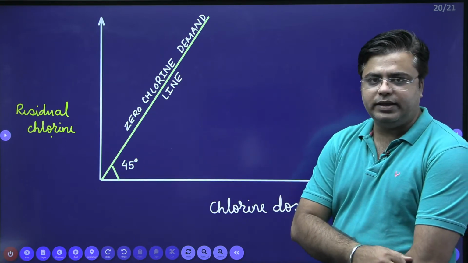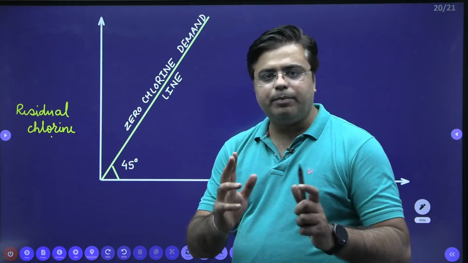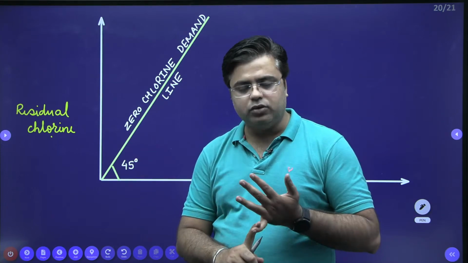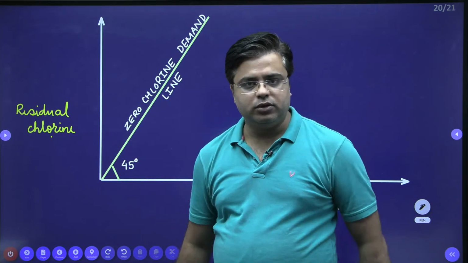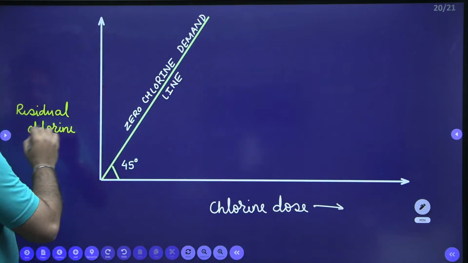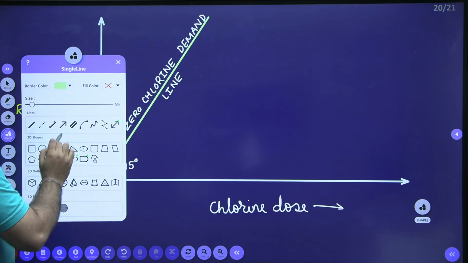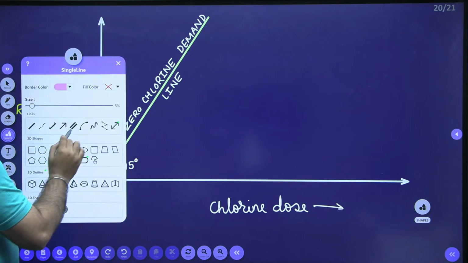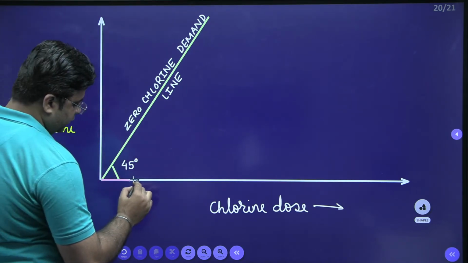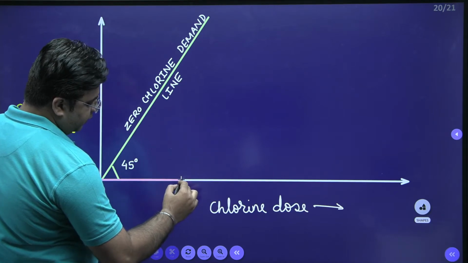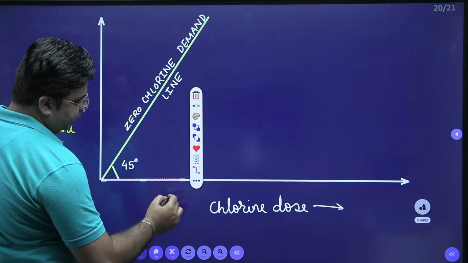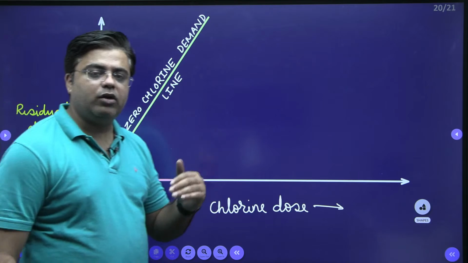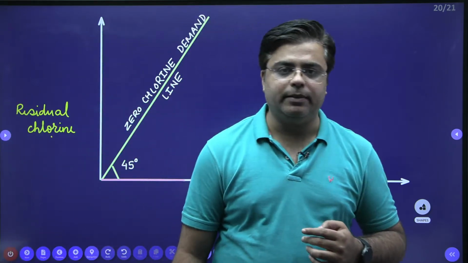Now imagine your water sample contains inorganic compounds, organic compounds, and also microorganisms, okay? When you start adding chlorine, initially all the chlorine will be used up to carry out the oxidation of inorganic compounds.